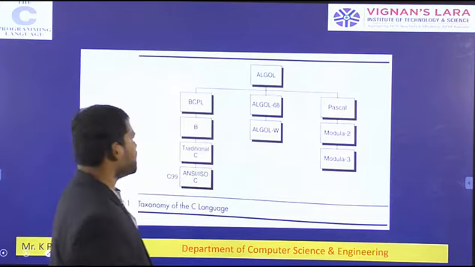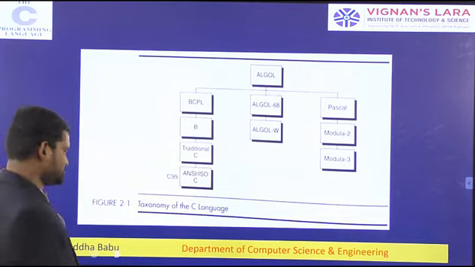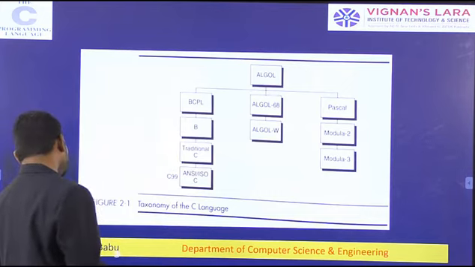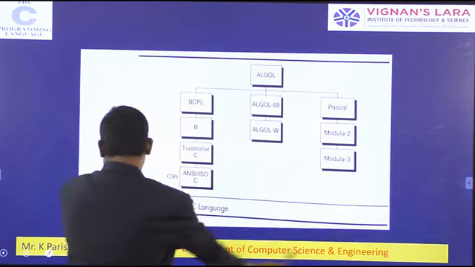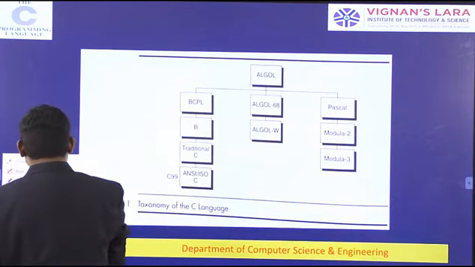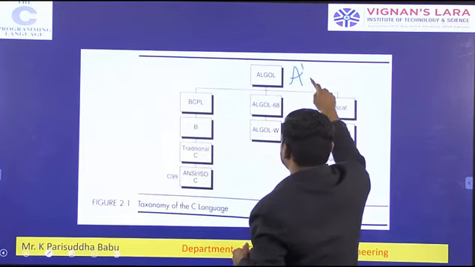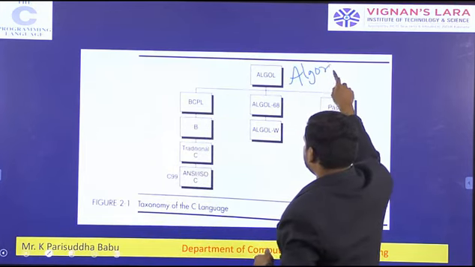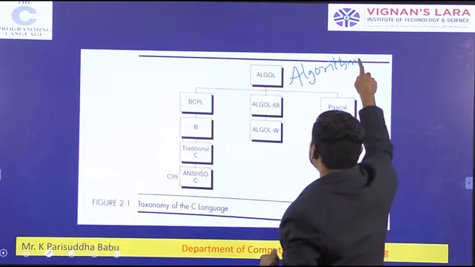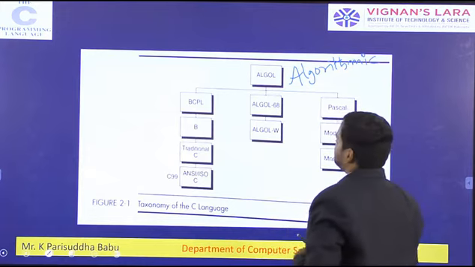ALGOL is the first language. What is ALGOL? ALGOL is nothing but an algorithmic language.